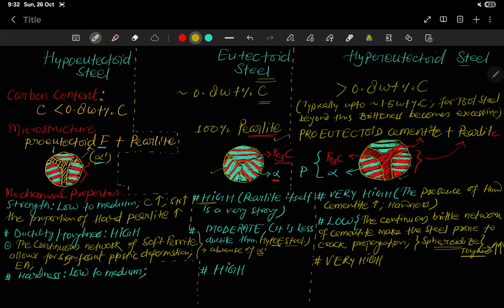Now you can think, if the hardness is very high, what do you understand by hardness? Hardness is a surface phenomenon, right? We have done a lot of experiments in our lab, where we took an indenter which has a ball-sized tip, and we indent on the surface.